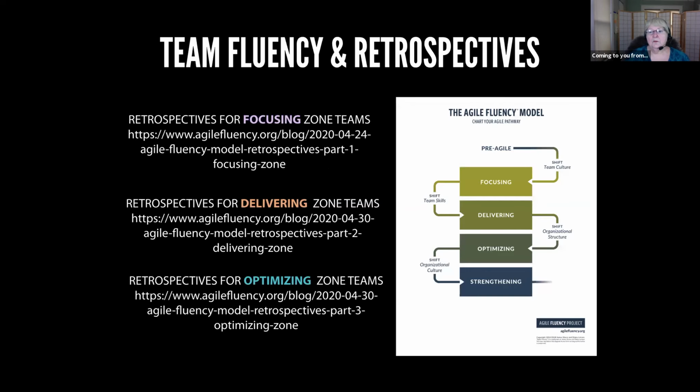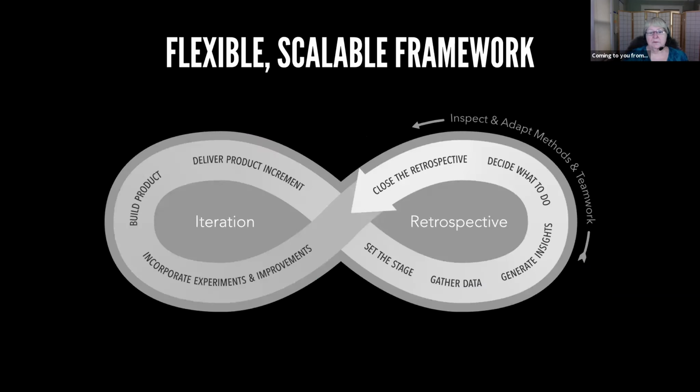And for those of you who are Agile Fluency fans, in our blog, on our website, there are three posts, each one describing what might be the focus you would choose, or the ideas you want to center your retrospective around, depending on what zone your team is in. But that's more for delivery teams. So I'm going to keep moving on.